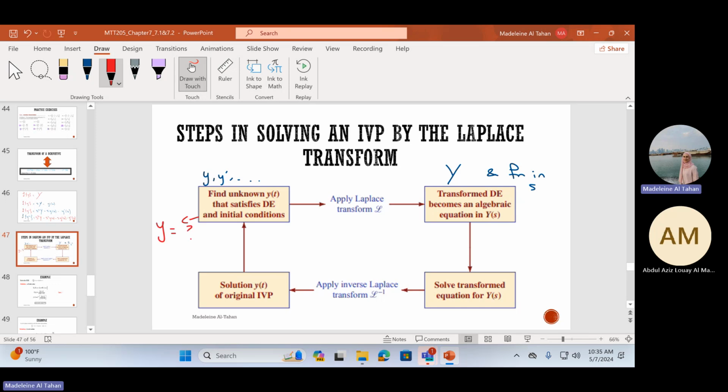I don't want capital Y. We applied Laplace transform to y to get capital Y. What do I need? So after finding capital Y, what should we apply? The inverse of Laplace to get small y. Okay, miss? Just write the logic or the algorithm of this method. I will re-explain it again through an example.